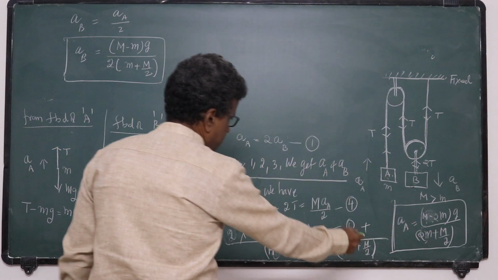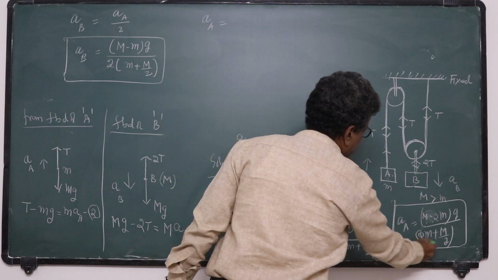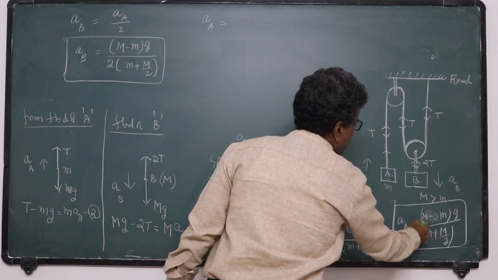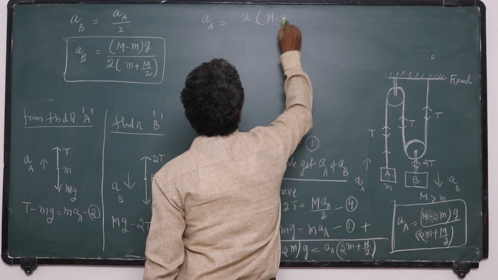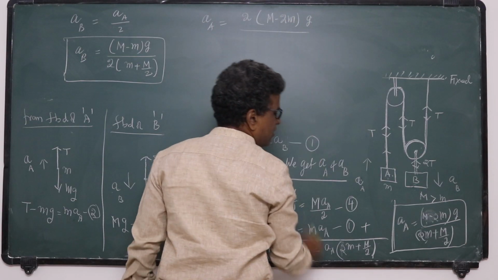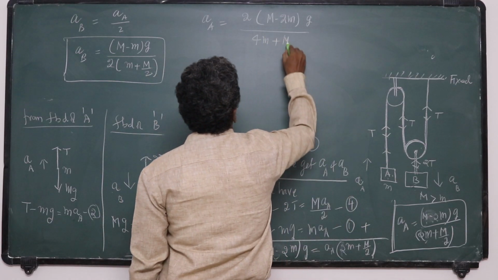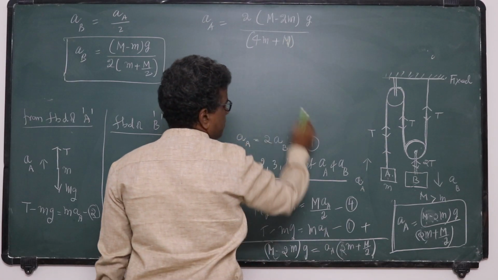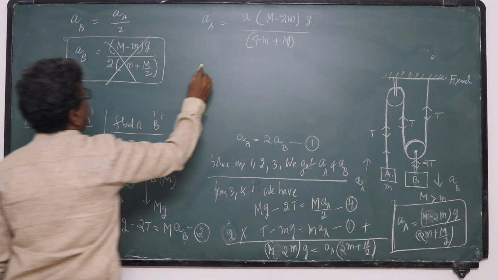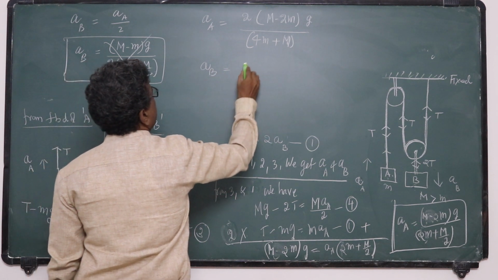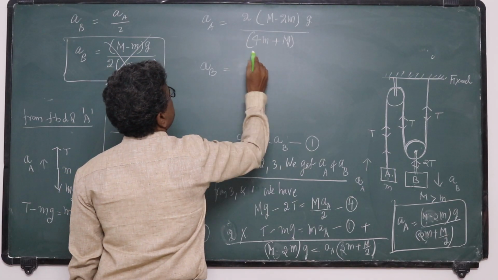After simplifying that, you will get acceleration of A is equal to, you take the LCM, you will get 4m, and bring to the numerator 2 into capital M minus 2m of g, by 4m plus capital M. So acceleration of B is, this was wrong, acceleration of B is half of this acceleration, so this 2 gets cancelled.